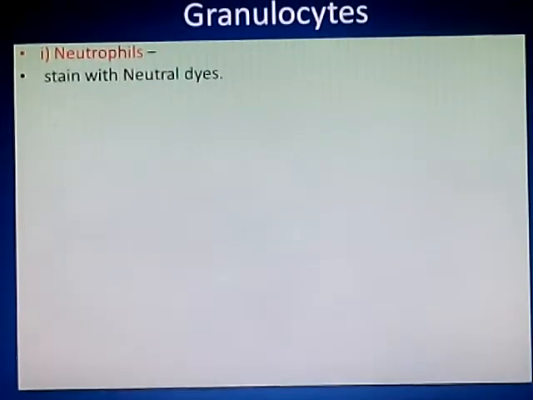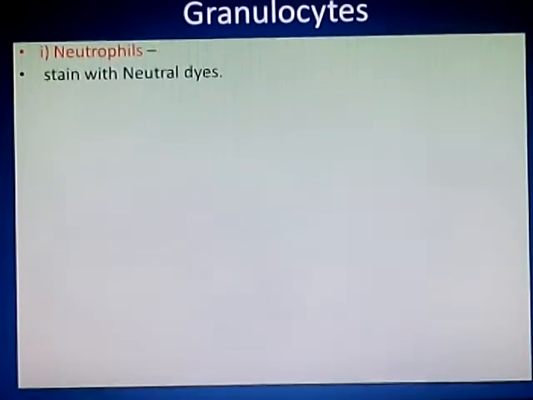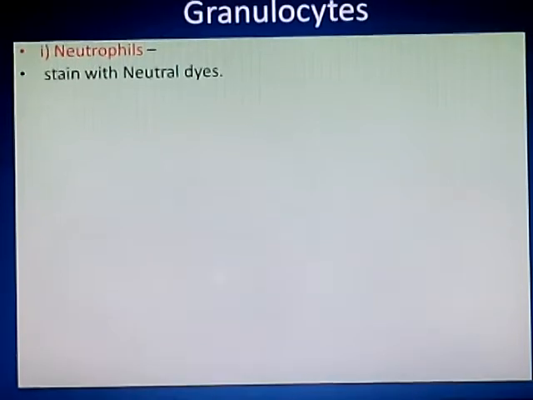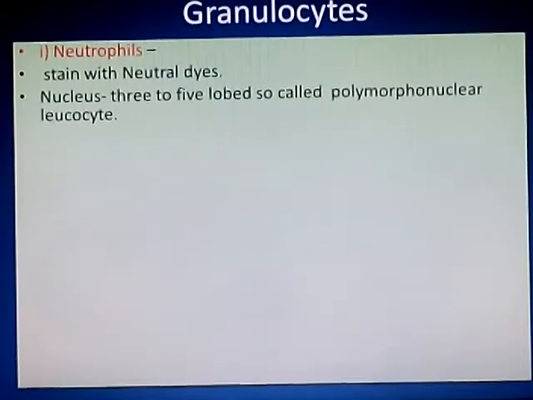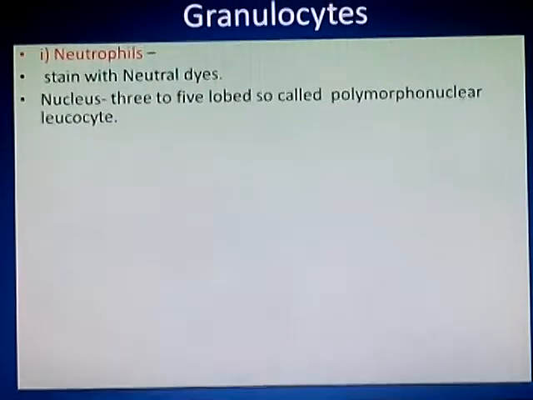So first one, neutrophil. What about their staining? Neutrophiles can be stained with the help of neutral dye. Then the nucleus of the neutrophile. The nucleus of neutrophile shows 3 to 5 lobes.